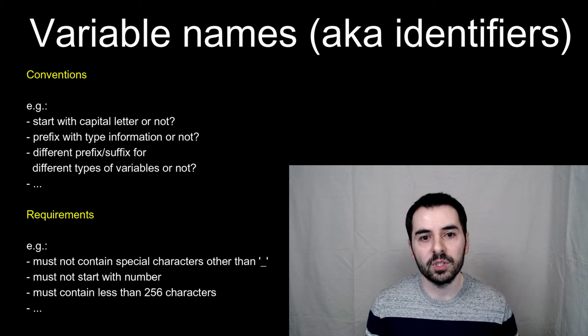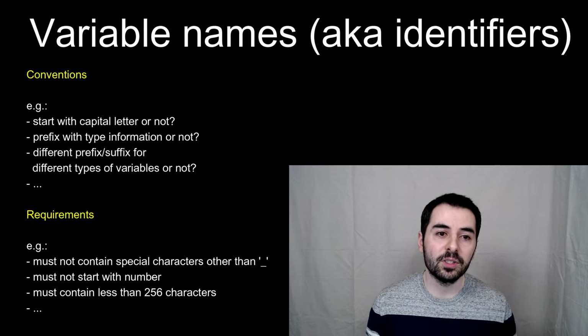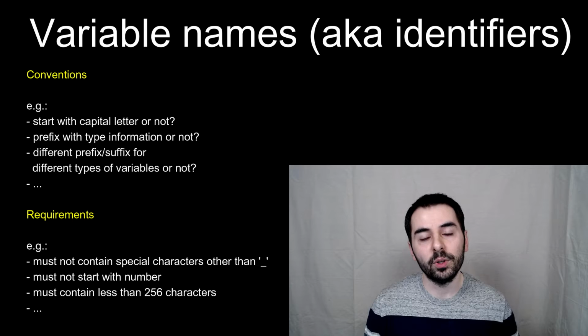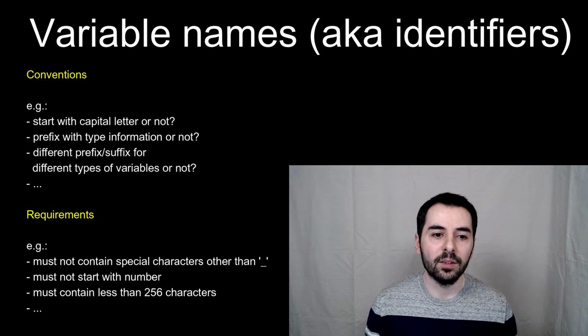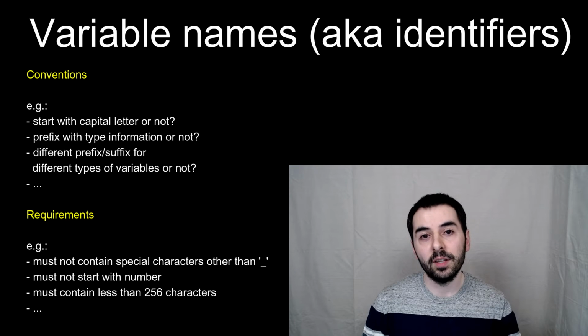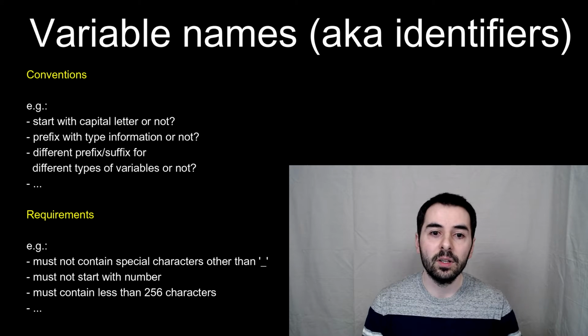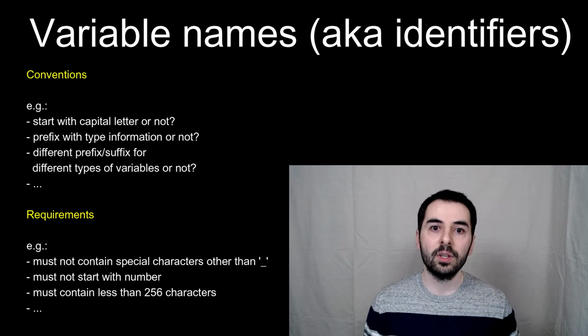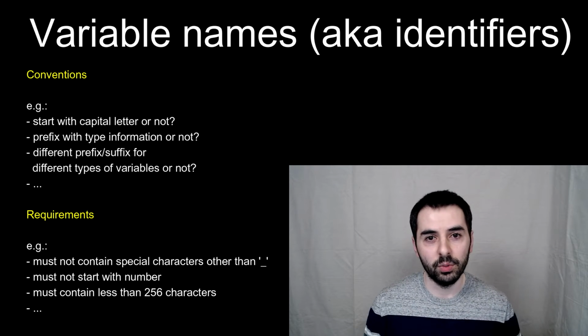There might be some special naming conventions that help with knowing what you store, what type of data, or what this variable is really for. And then there are also requirements, which means if you don't follow them in naming your variables, your code will not compile, so you won't be able to run your program.